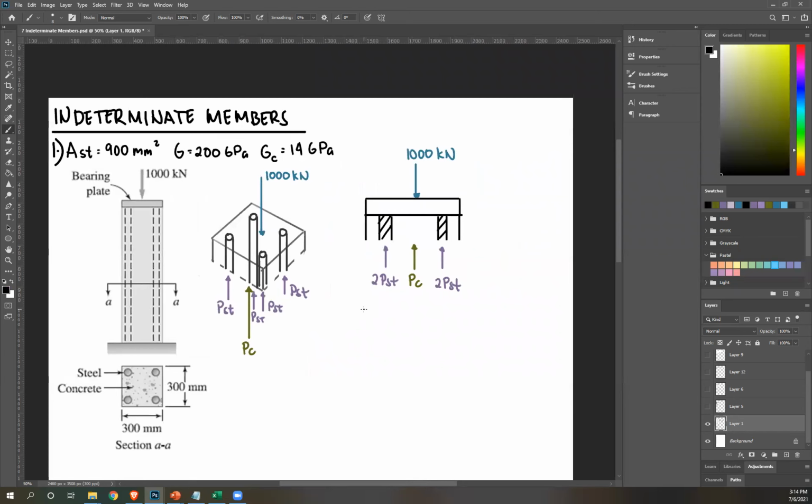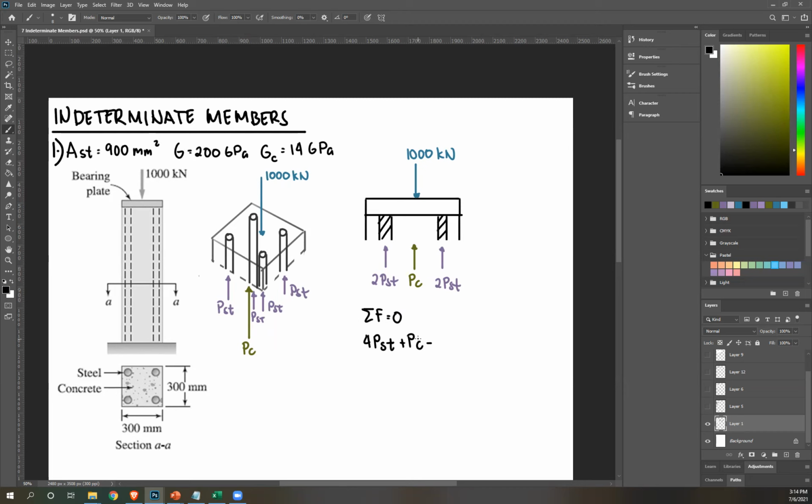From this drawing, you can create our equilibrium equations. Specifically, summation of forces equals 0. They're all in one direction, so you can either write forces y or just forces equals 0. Sign convention applies, upward is positive. So 2 P_st plus 2 P_st, that's 4 P_st, plus PC, minus 1,000 kilonewton.